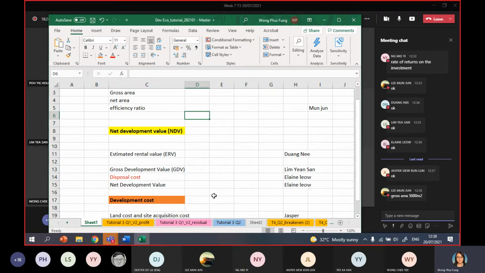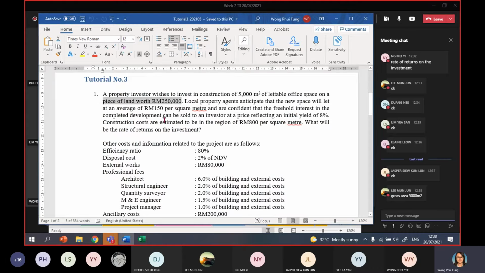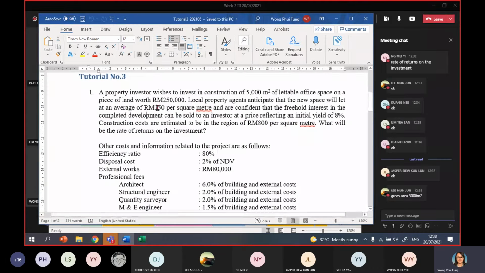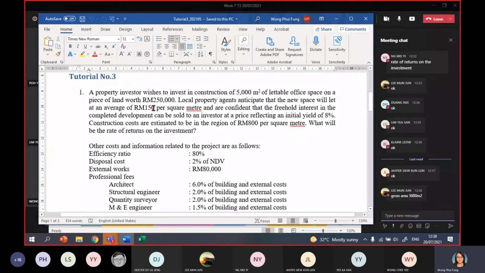Gross area 5,000. Let me read again. Okay, Manjun, read the question again, we read together with you. A property investor wishes to invest in construction of, they want to construct 5,000 of lettable area. So 5,000 is actually the net area, Manjun.